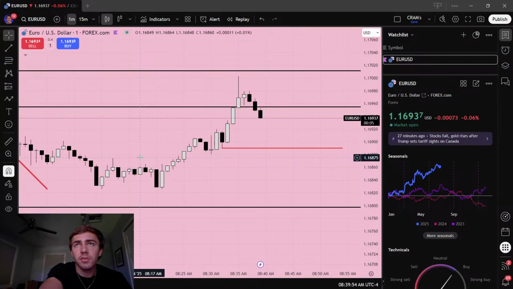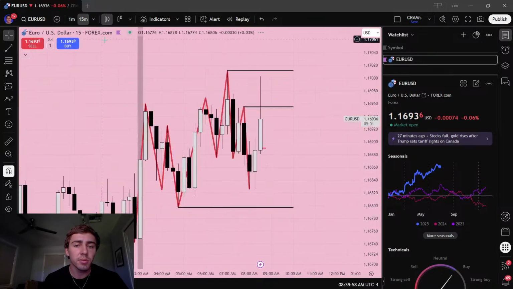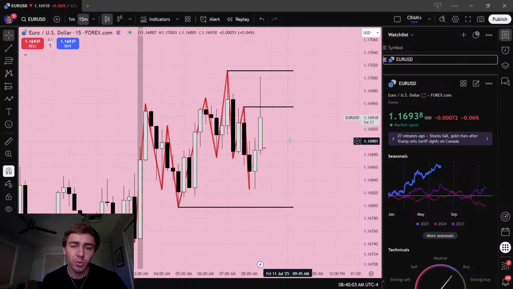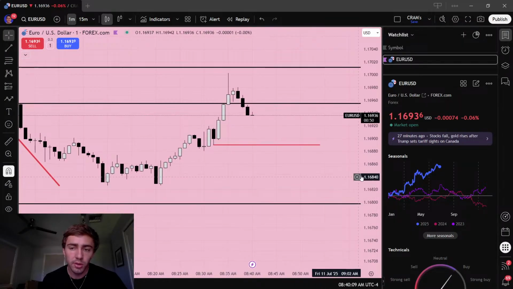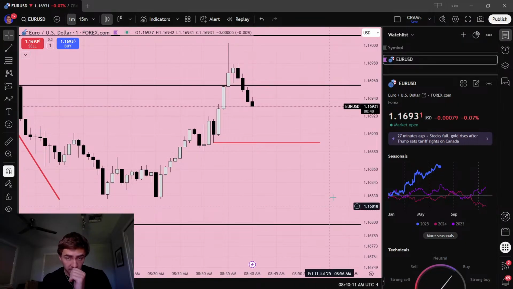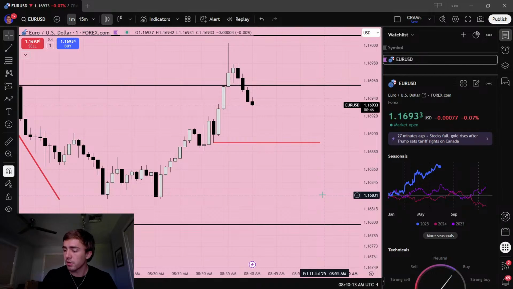So I don't do any type of bigger picture bias. I don't even really pay attention to the bigger picture trend. I'm just paying attention to the bigger picture points of liquidity, highs and lows. I don't really care if those highs or lows are in uptrends, if they're external or internal. Because if you touch them, you can expect a specific pattern to play out more times than not.